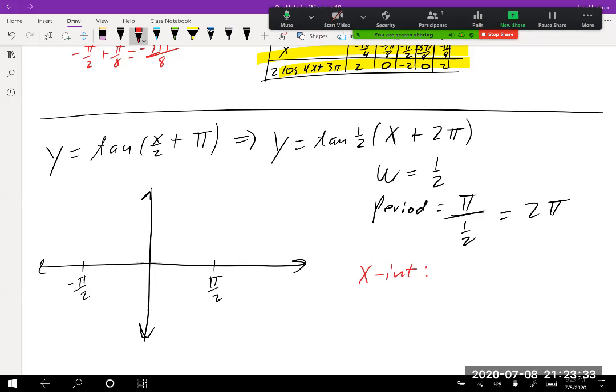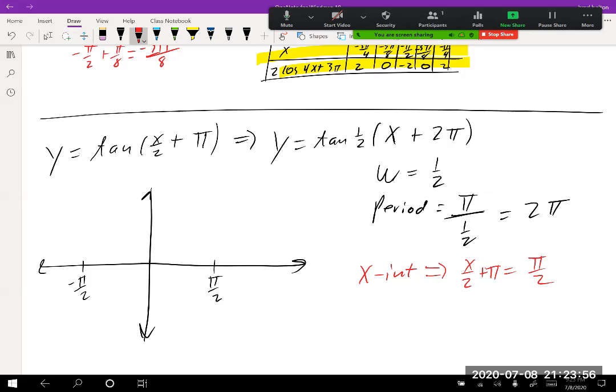So the cosine function would be 0 whenever you get 3 pi halves, pi halves. So what I'm going to do is take x over 2 plus pi and set it equal to pi halves.